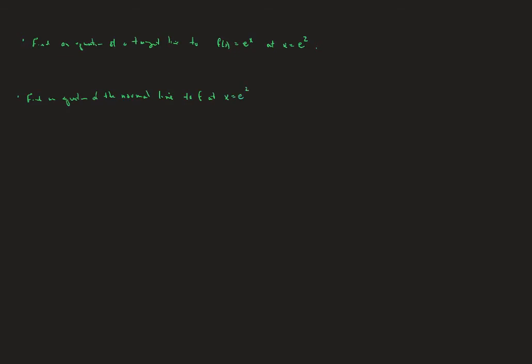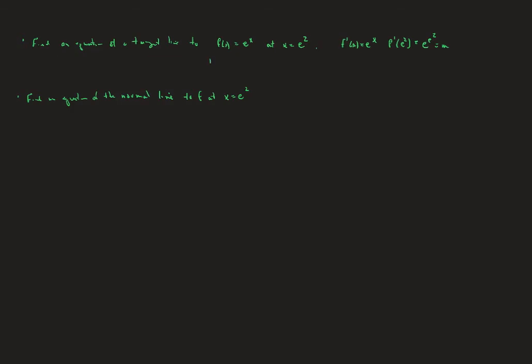So first, the tangent line. We need to know what its derivative is. So f prime of x is just e to the x. It's its own derivative. And so f prime evaluated at e squared is going to be, here's a weird looking number, e to the second. That's going to be our slope.